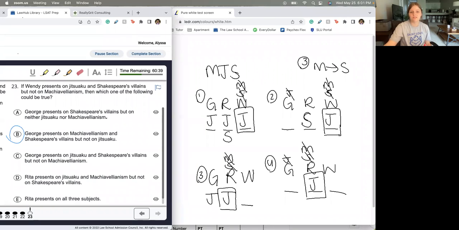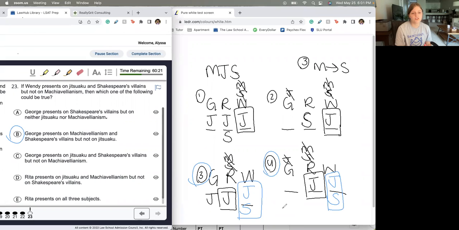So when W presents on J and S, but not M, we can only have that happen in world 3 and 4. We have J and S down here. No M. So then we see which one could be true.